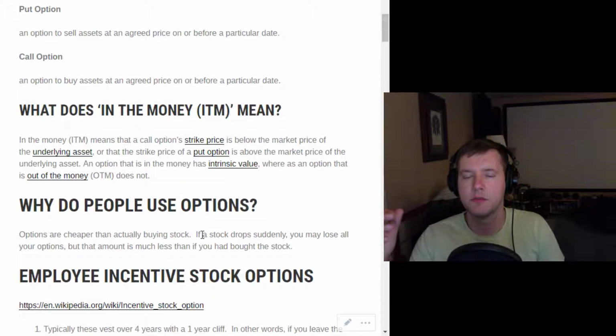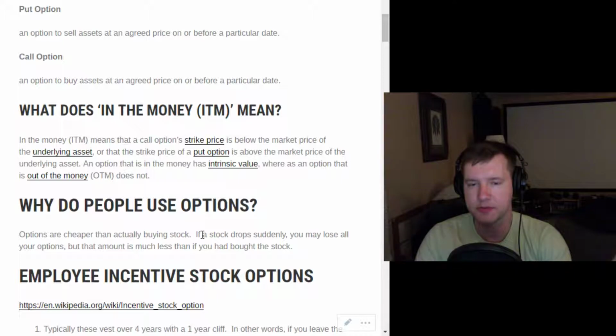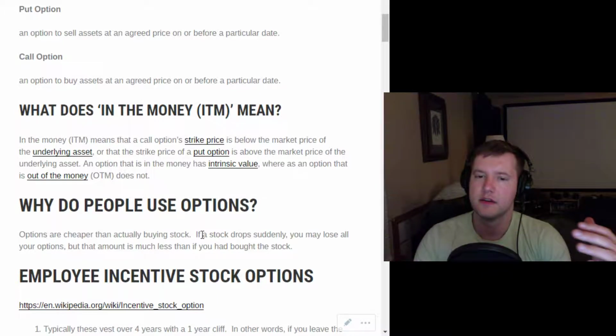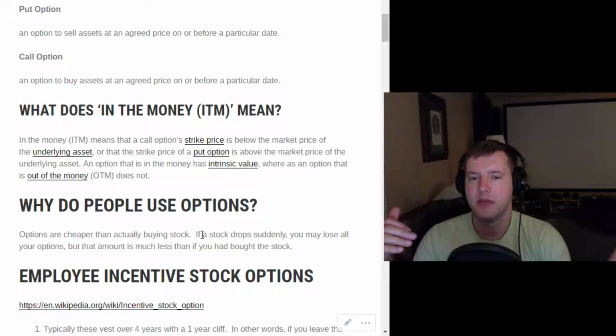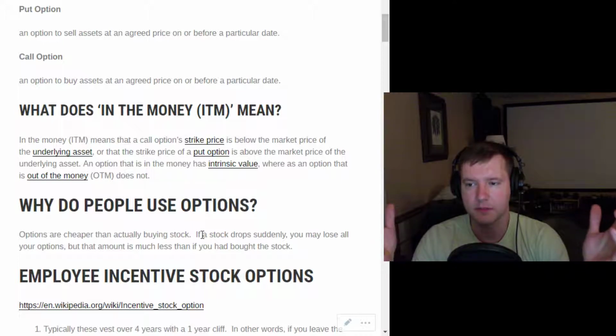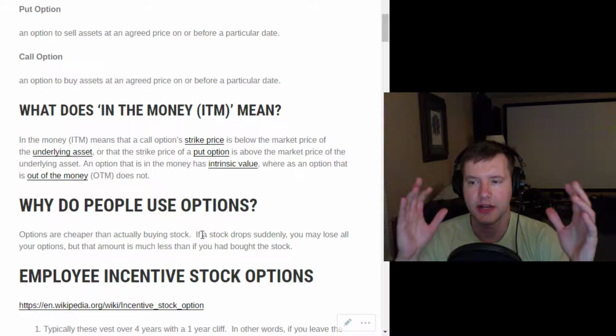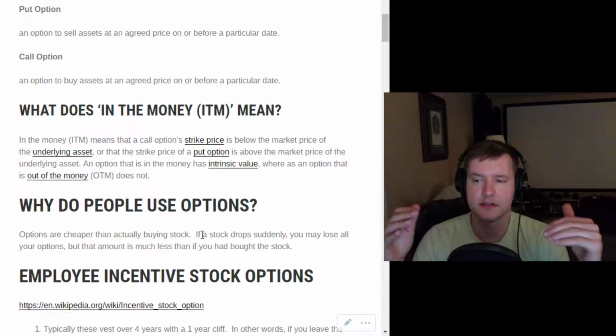As I said before, it would have been much more expensive for you to actually buy the stock than to buy the options. So if the stock price dumps in half, then maybe you would have lost, let's just make up numbers, $40 if you had bought the stock, but if you had bought the options, maybe you only lost $10. So it's a way of protecting yourself against loss in certain situations.